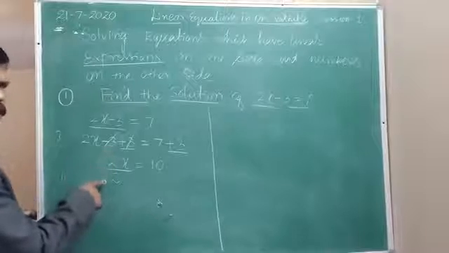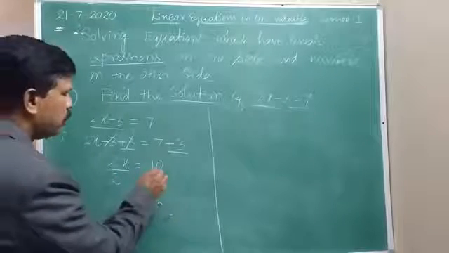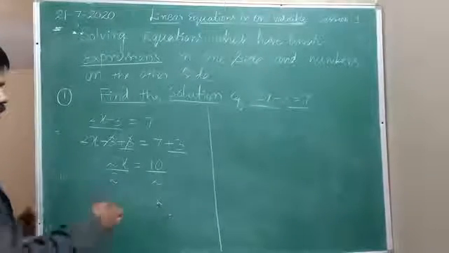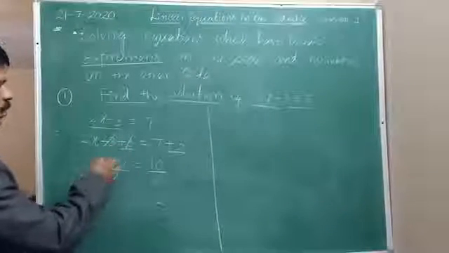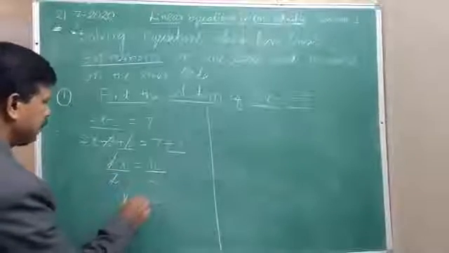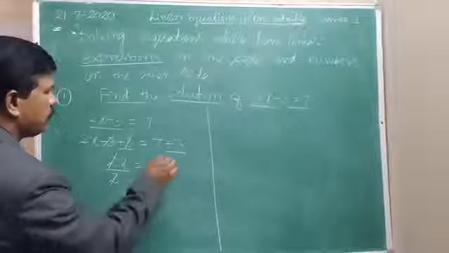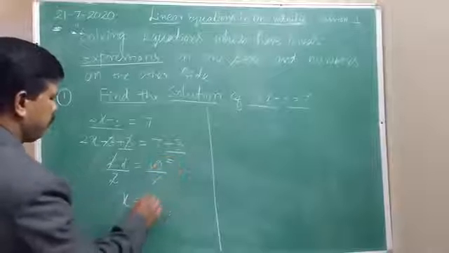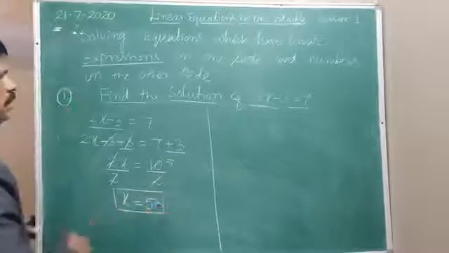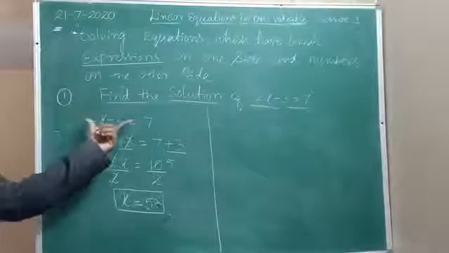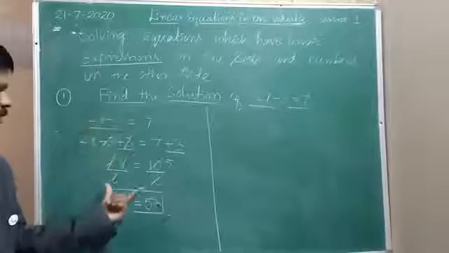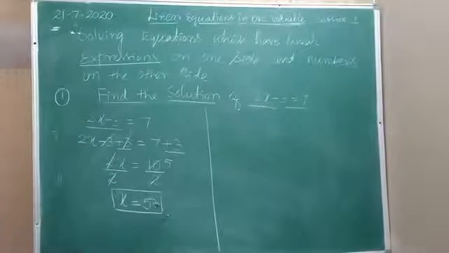Whatever you are doing for the left hand side, do the same thing for the right hand side also. Okay. Now 2 gets cancelled. Now what is left? x is equal to 2 fives are 10, so 5. So x is equal to 5 is the solution for this linear equation. Clear? This is one method.